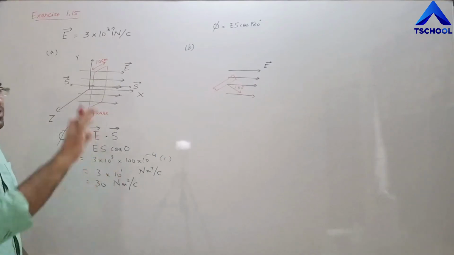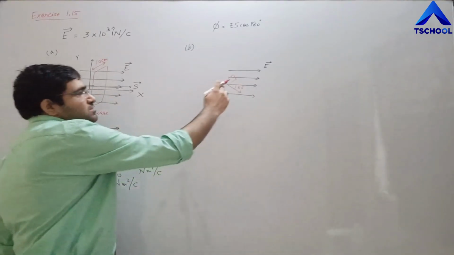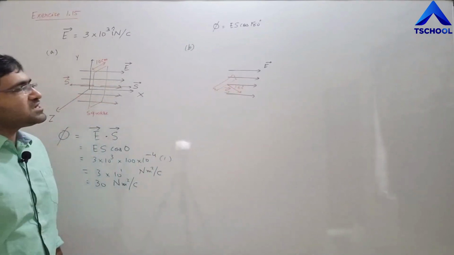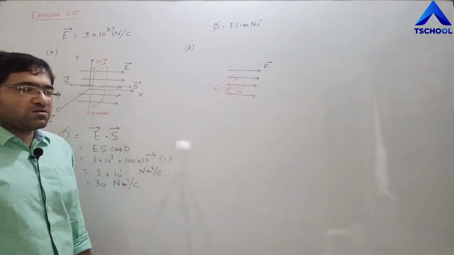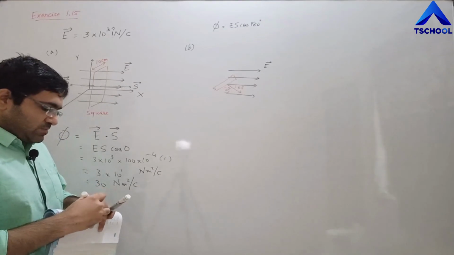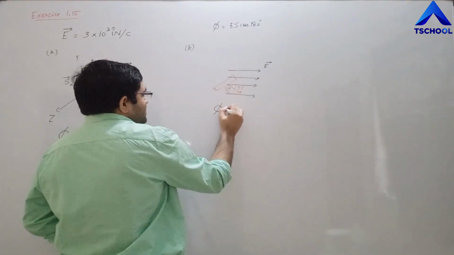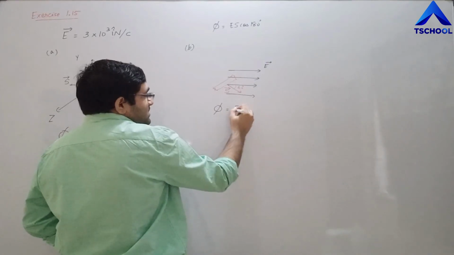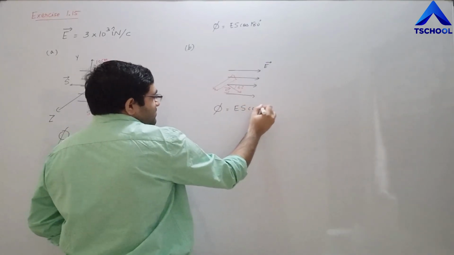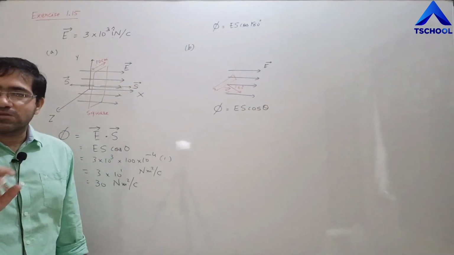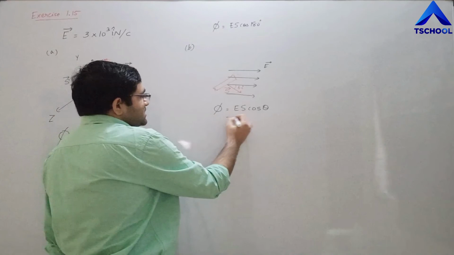So the square has now been tilted, and now the normal to the square, or the area vector of the square, is making an angle of 60 degree with the uniform electric field. In this case, if you want to find the electric flux, because it's a plane surface and a uniform field, we just have to use this formula. This time theta's value is not 0, it's 60 instead.